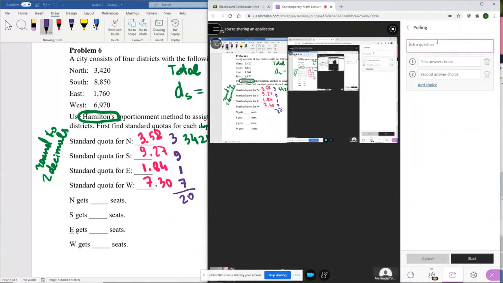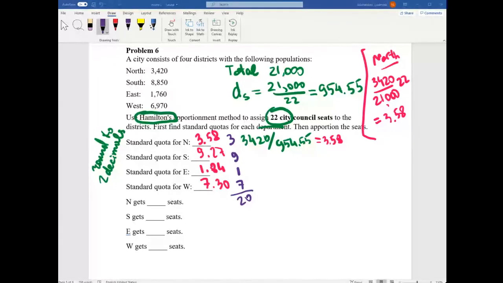And in the Hamilton apportionment method, let me stop sharing this and share. Wait a minute. Okay, let me share this and let us make the poll.